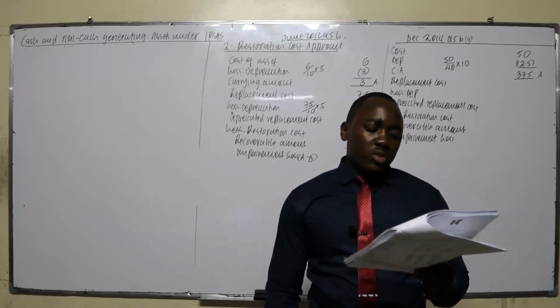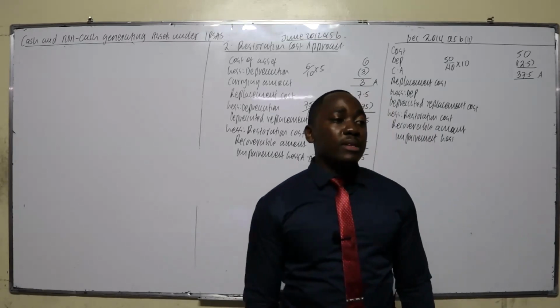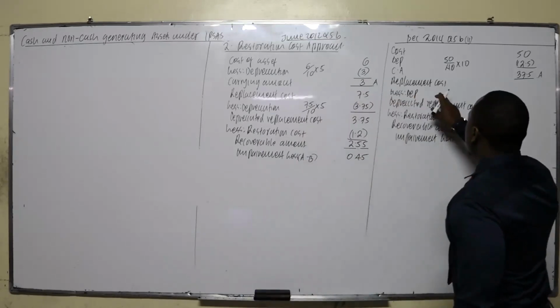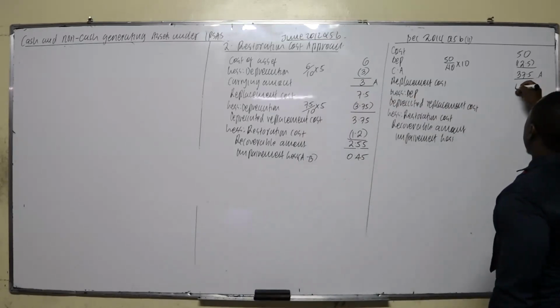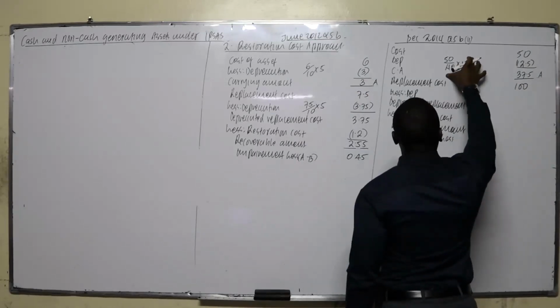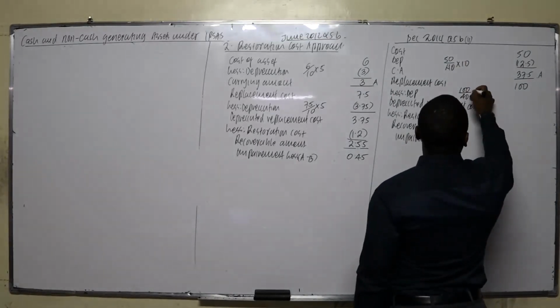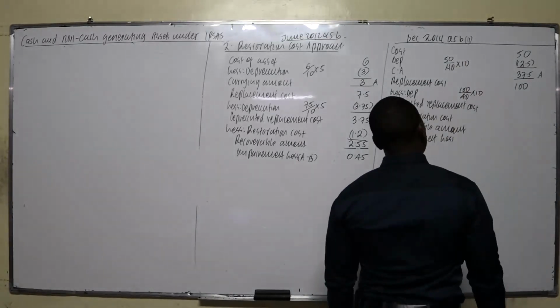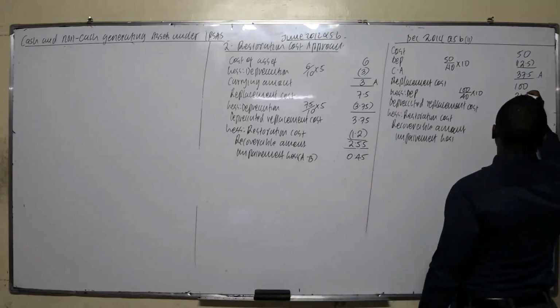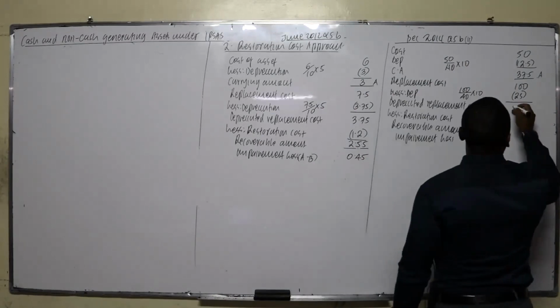The current cost of a new office building is 100 million. That means in case we have to replace, that's the replacement cost. Then you less depreciation, assuming the same economic life. So it's 100 over 40 times 10. You get 25. So that means the depreciated replacement cost will be 75.